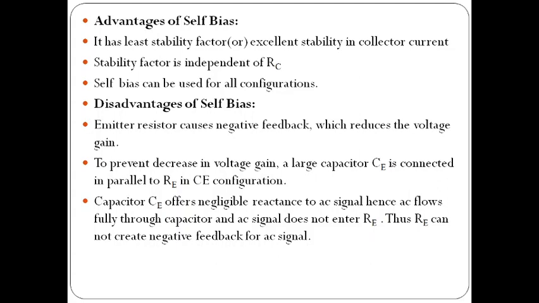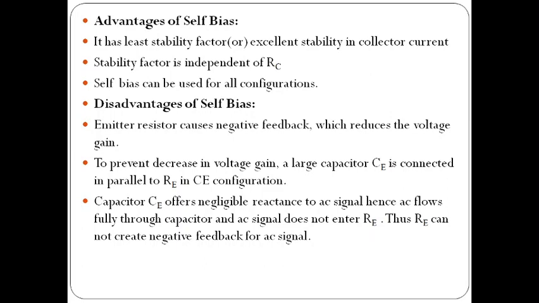But here, voltage gain is reduced by negative feedback. In collector to base bias also the voltage gain is reduced, so we are not preventing it in the self bias.